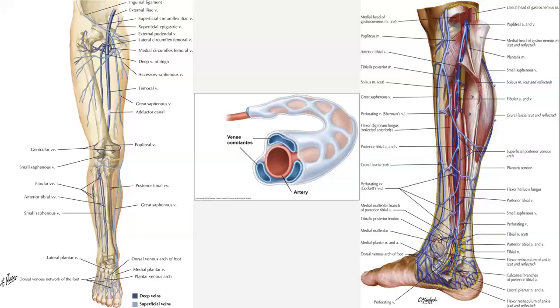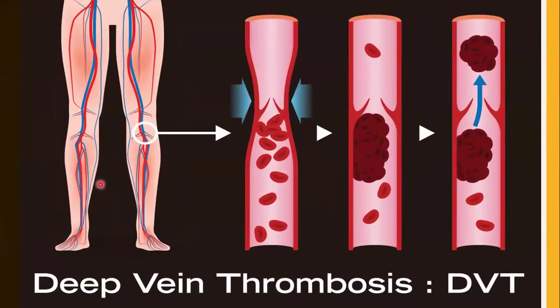Great. So that's the superficial venous drainage and the deep venous drainage. I want to say something about the deep veins and something called deep venous thrombosis. Deep venous thrombosis is a disease of the deep veins, as the name suggests.